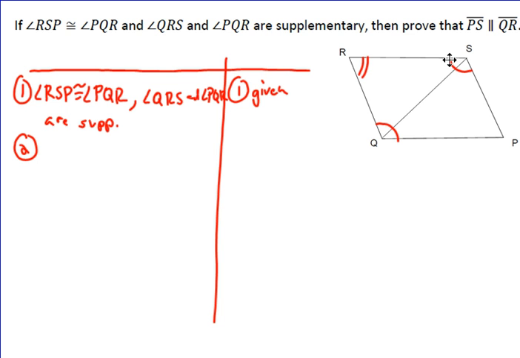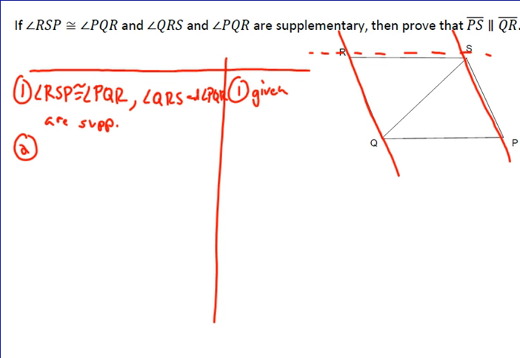Well, let's first start by talking about what must be true if we want to show that PS is parallel to QR. So what must be true for these two lines to be parallel? Well, there are a couple options for that. One is to recognize that RS could be considered a transversal.